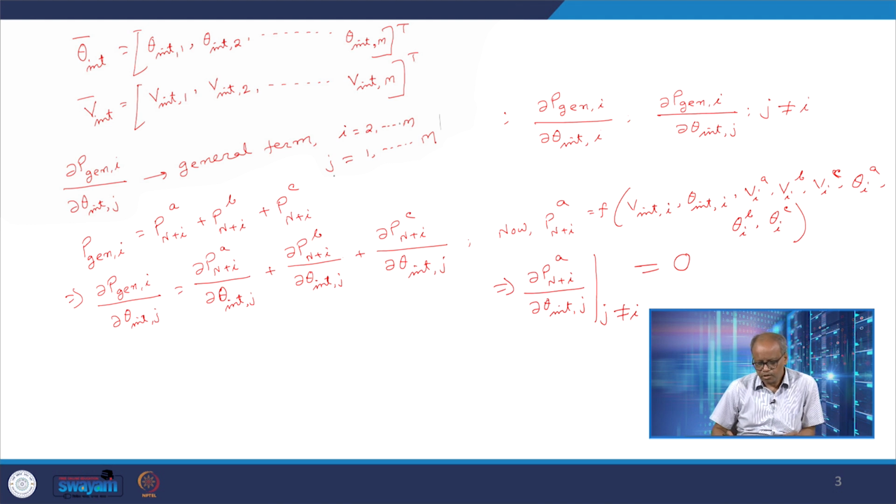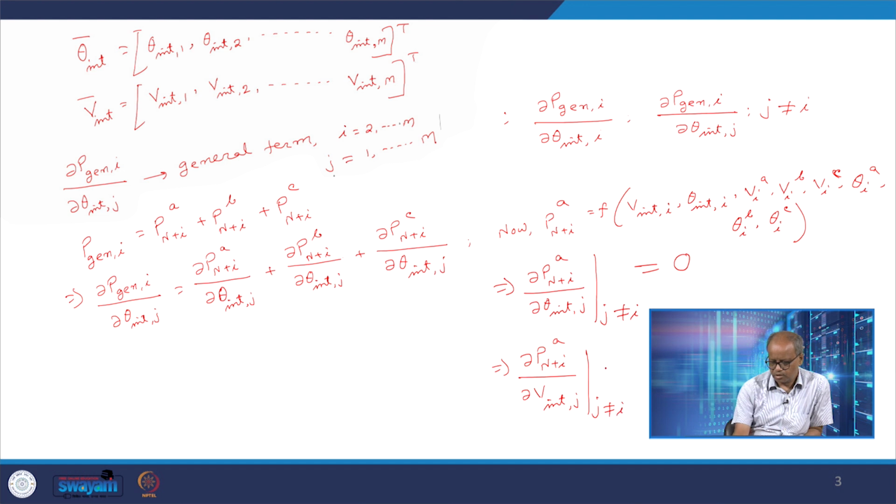Similarly, del P n plus Ia by del v internal j when j is not equal to I would also be equal to 0. So then most of these elements would be 0.